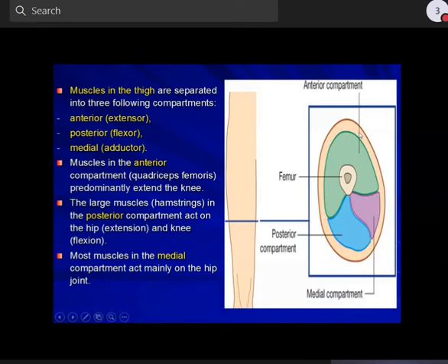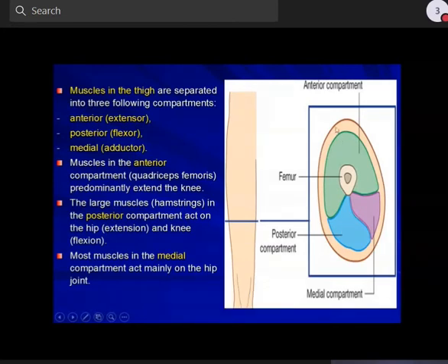The posterior compartment in the thigh is a flexor compartment, and medially, between anterior extensors and posterior flexors, the adductor compartment is included.